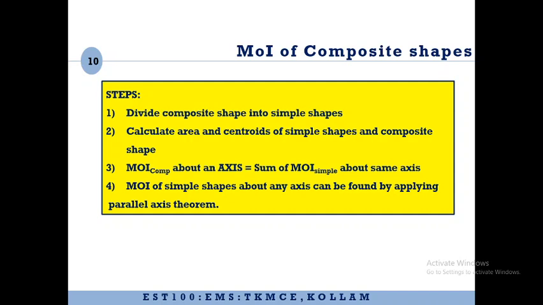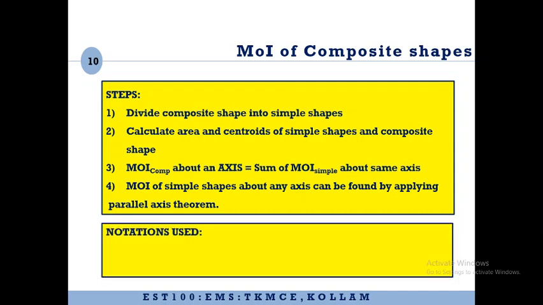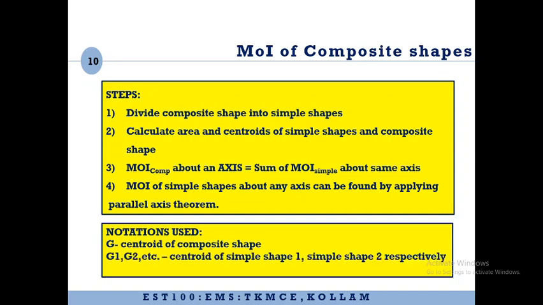Before we proceed to the computation of moment of inertia of composite shapes, we need to review certain notations that we will be using in the lecture. G represents the centroid of the composite shape. G1, G2, etc. represent the centroid of simple shape 1, simple shape 2 respectively.